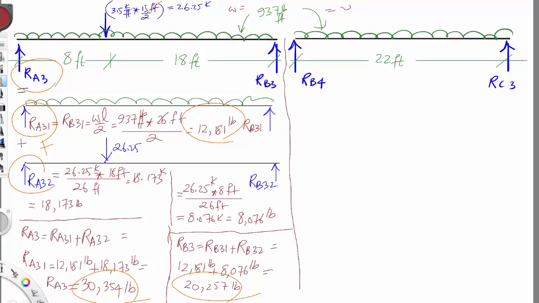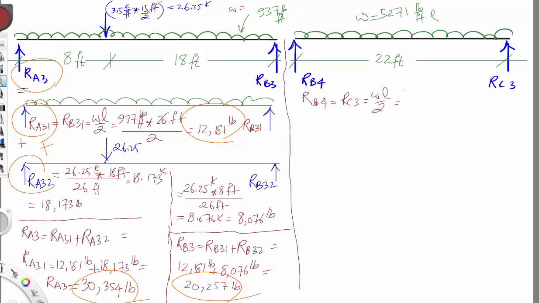Now back to this part. This part is straightforward. So RB4 is equal to RC3 is equal to WL divided by 2. Of course, I think I made a mistake here. This W is not the same as this one, because each beam is different. If you look at the sketch back, you will see this is equal to 5,271 pounds per foot length.